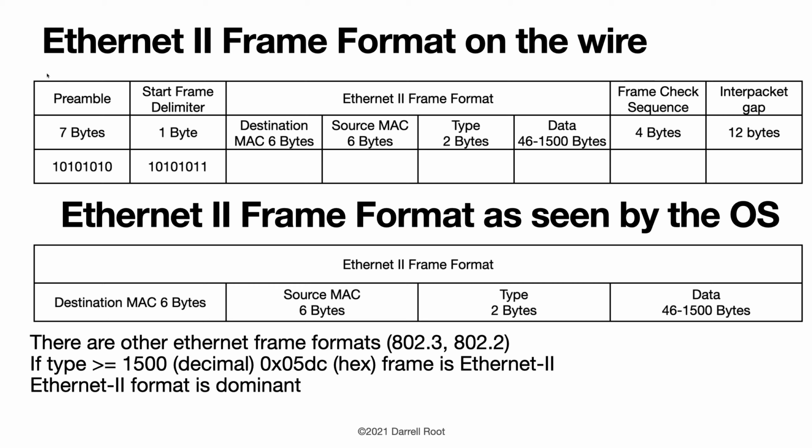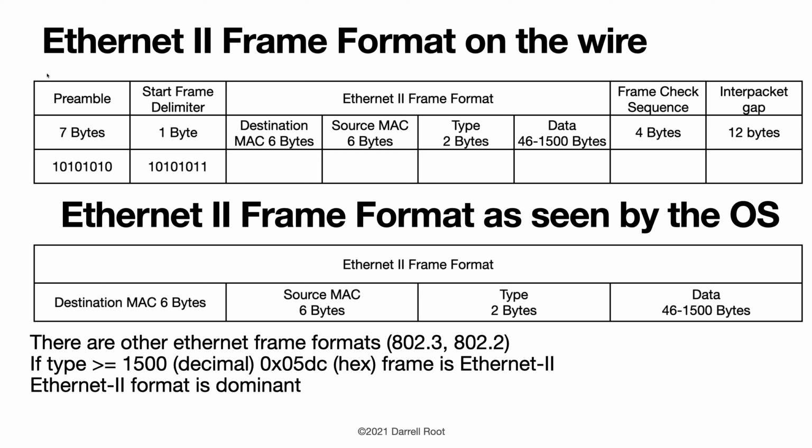There are multiple Ethernet frame formats currently in use in the Internet. However, the Ethernet 2 frame format is dominant and is used for most protocols. On any particular Ethernet network, it is possible to see the other frame formats, such as the 802.3 format or the 802.2 format.